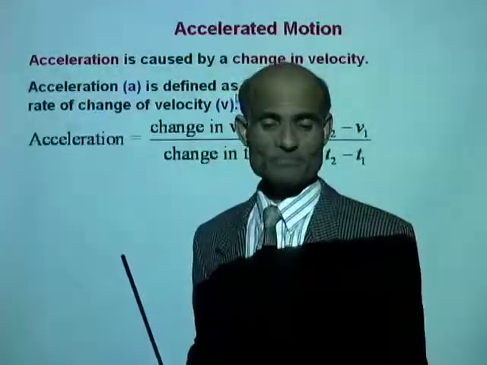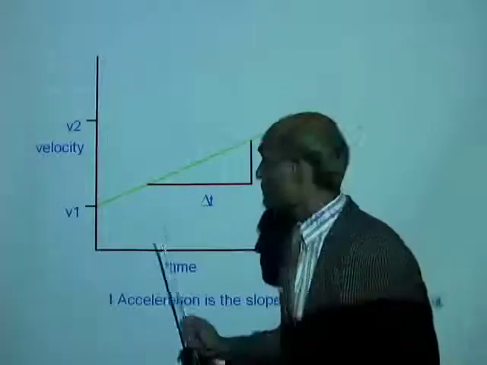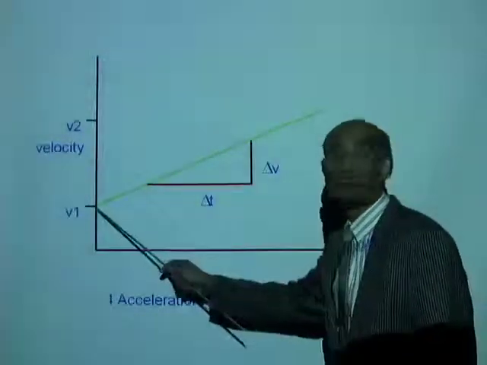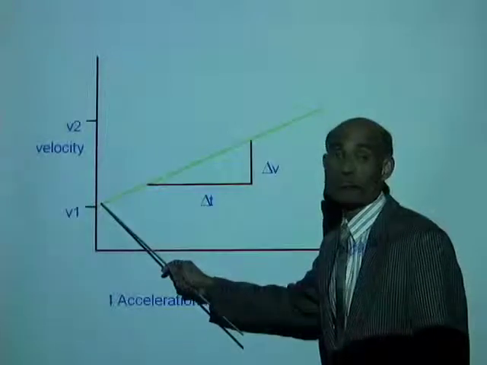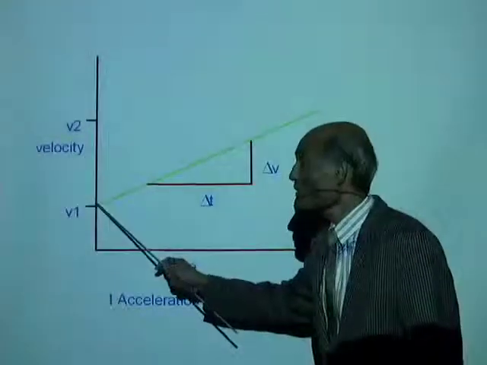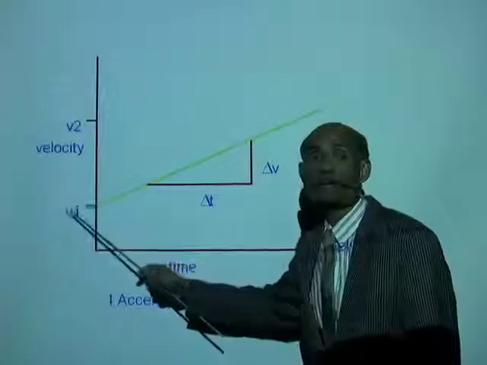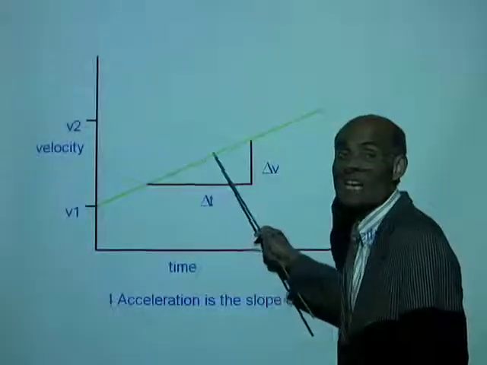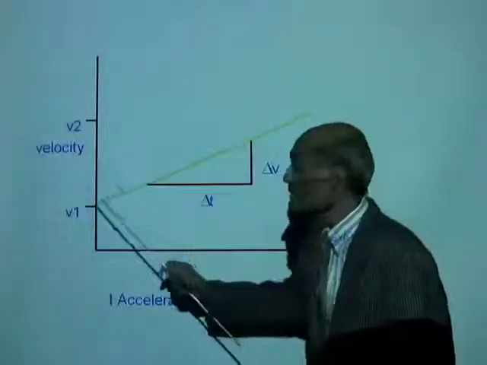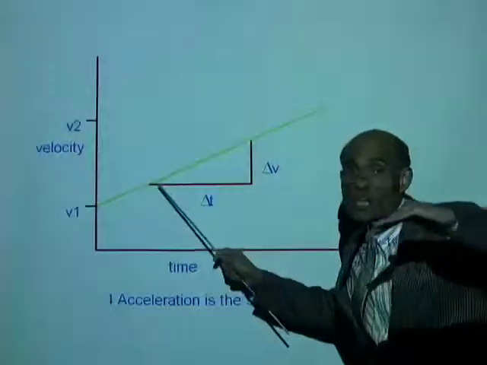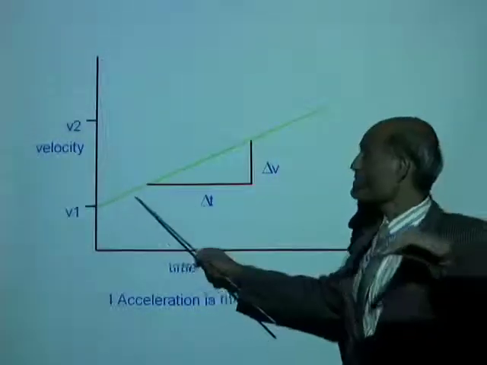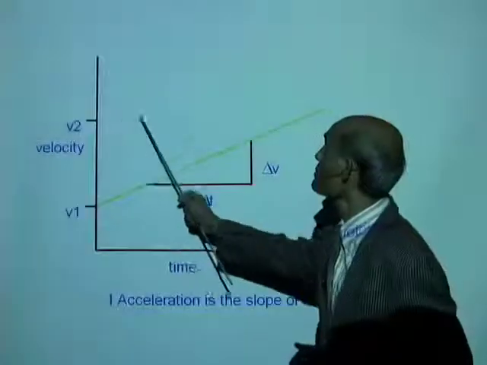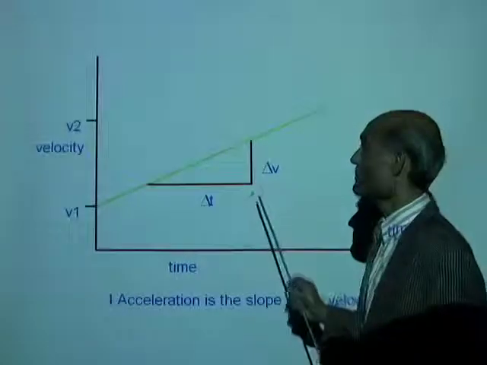Okay. Let's now look at the plot of velocity against time in this case. The initial velocity of the particle is v1 and the velocity increases steadily. What does that mean? The increase is uniform. You can see a straight line until the velocity reaches v2.